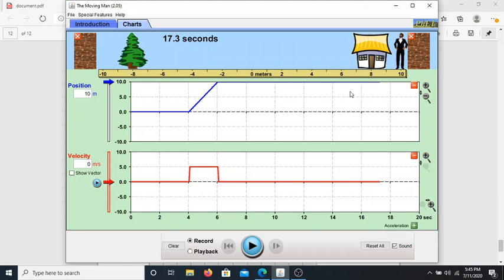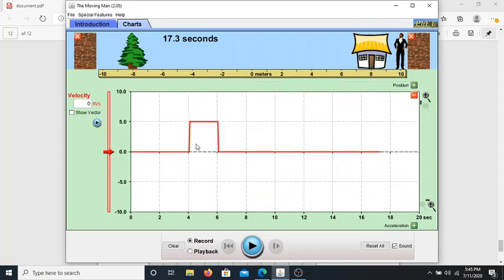Now, the other thing we can do is create a position time graph from our velocity time graph. In order to do that, we have to make use of the other way that we can analyze a graph besides reading it and taking the slope.